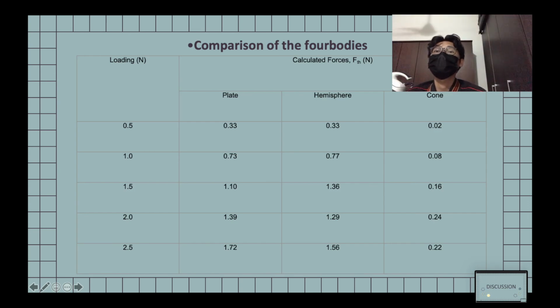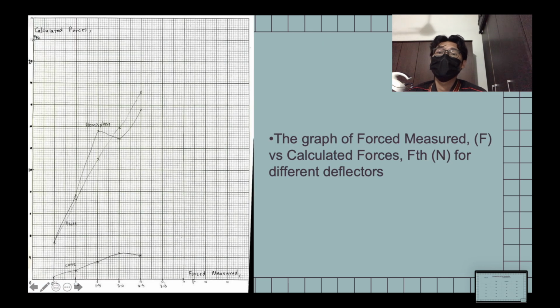In this table, there are values of calculated force for the plate, hemisphere, and cone. From previous data, sketch a graph of measured force versus calculated force for the different deflectors.